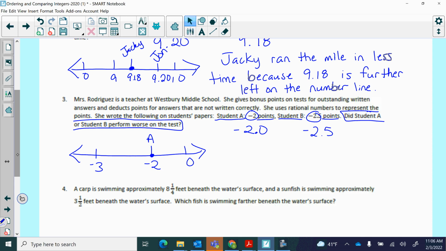Yes, it is more than 2, but less than 3, so it comes right in the middle of 2 and 3. So who did worse on their test? Who scored less points? Nora? Yes, student B, because his score is further to the left.